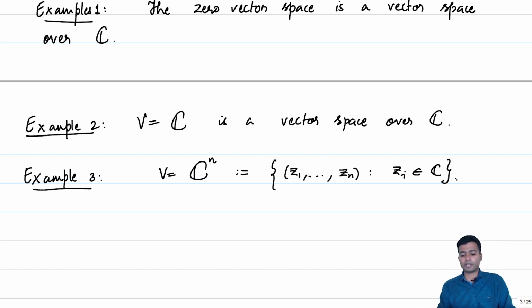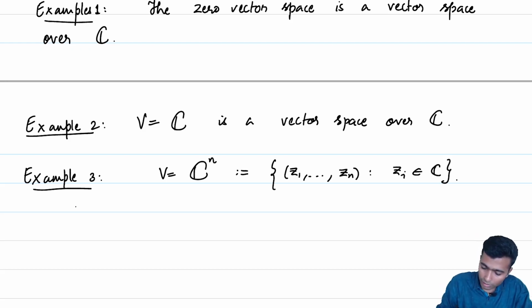And how is addition defined? Addition is defined component wise. How is scalar multiplication defined? Again, it is defined component wise. Let me not spend more time on that. This is a vector space over C.